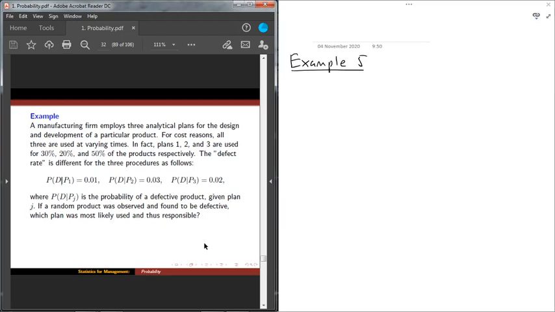The question is, if a random product was observed and found to be defective, which plant was most likely used and responsible?